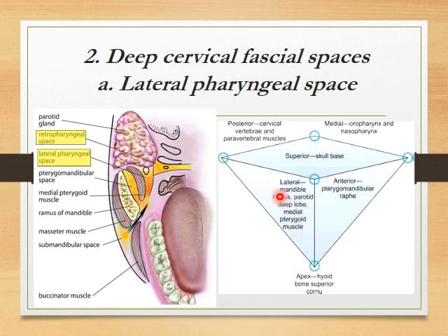Its lateral border is the medial pterygoid muscle and the ramus of the mandible, and medially the superior constrictor muscle, bounded anteriorly by the pterygomandibular raphe, and extending posteriorly to the prevertebral fascia. Its content is the styloid process and the associated muscles and fascia.